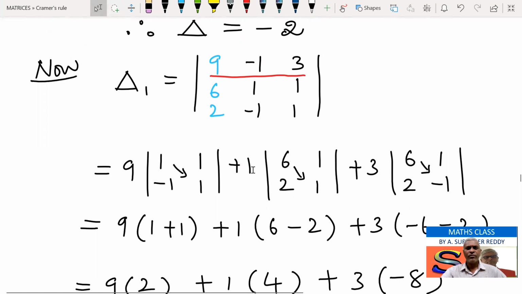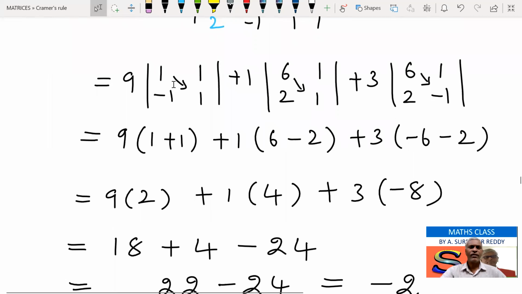So 1 plus 1 into, except 1 minus 1, remaining 4. The third, plus 3 into, except those numbers below, remaining 6 remaining 4. Calculating: 1 into 1, 9 into 1 into 1, minus 1 into minus 1 minus 1. So minus 1, minus into minus becomes plus 1.